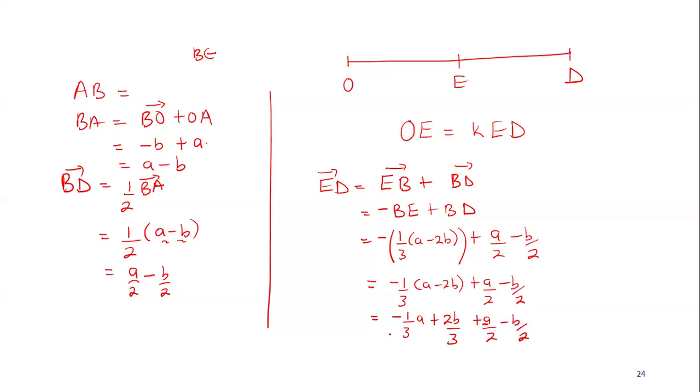Now, when you reach there, collect like terms. Bring the A's together, bring the B's together. So this will be negative a third A plus A out of 2, plus 2 out of 3 B minus B out of 2. Now, this is where the mathematics has to come in, collecting like terms.